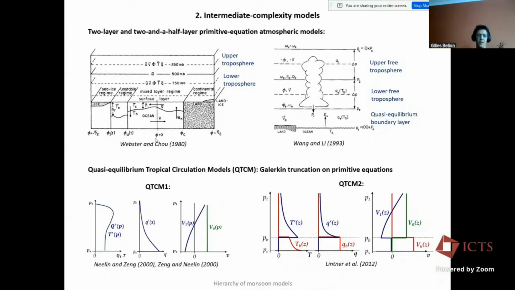So that's essentially a Galerkin truncation. And I've actually shown you how you can develop a first baroclinic model just using one profile. In the first generation of QTCM models, QTCM1, developed by Neelin and Zeng in 2000, it was exactly that: one reference profile for the perturbation of temperature and heating.